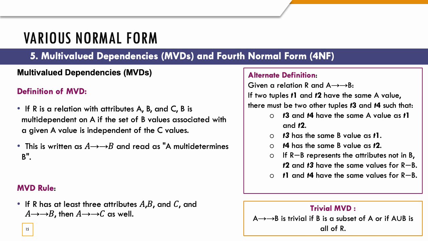Okay, the definition of an MVD. Given a relation R with the attributes A, B, C, B is multi-dependent on A if, for a given value of A, the set of B values is independent of the C values.